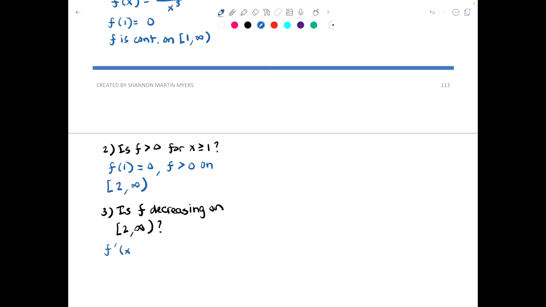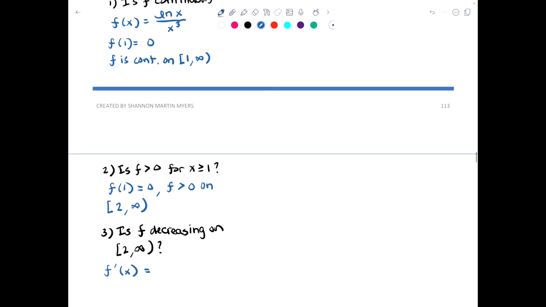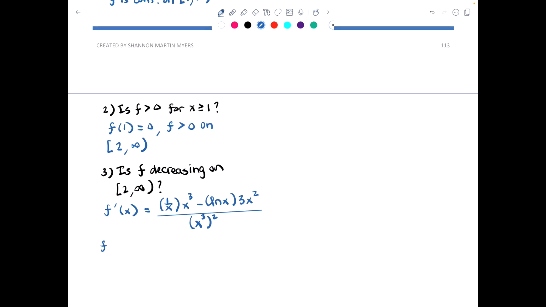F prime at x is equal to one over x times x cubed minus natural log at x times 3x squared all over our denominator x cubed squared, and then f prime at x will be x squared minus 3x squared times natural log at x over x to the 6th.